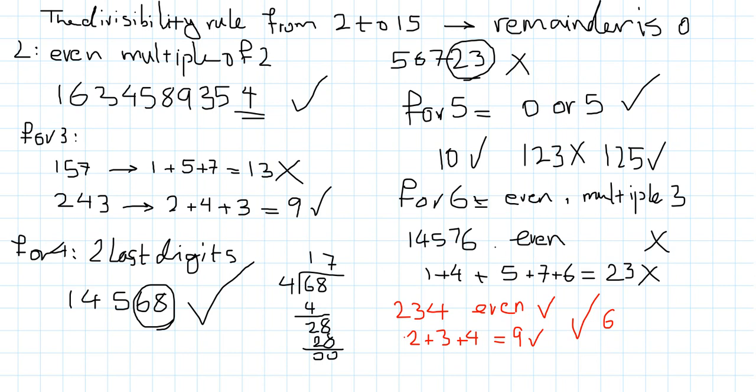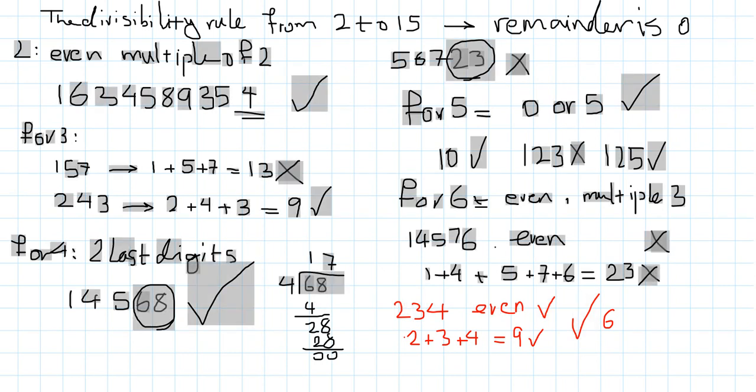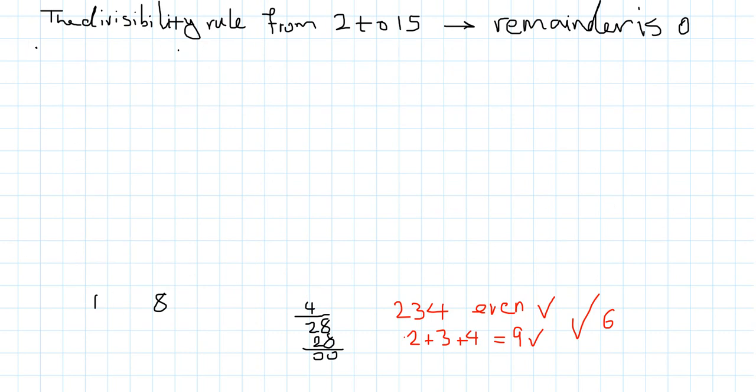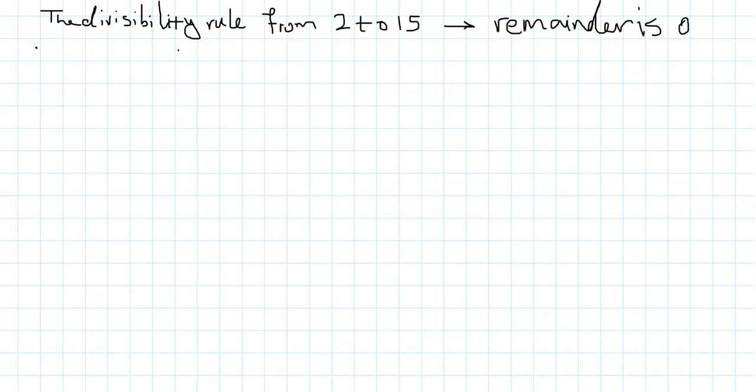Let's go for number 7. A number can be divided by 7 if the last digit times 2 is subtracted from the remaining digits and the result is divisible by 7.